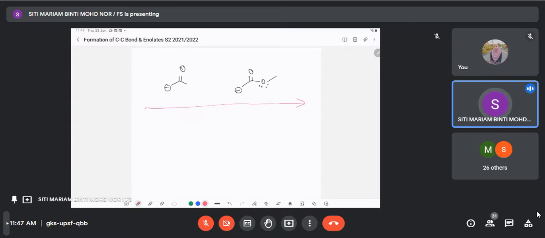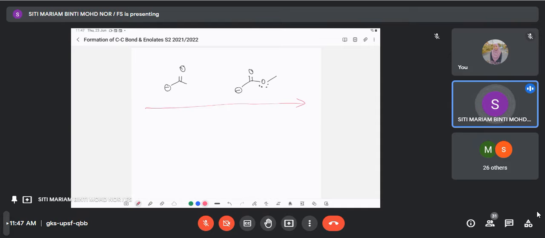Of course, in the final exam later on, if you are asked a question like this, asking you to discuss, you can label them 1, 2, or A, B, it doesn't matter. I just use an arrow, moving from the left to the right.